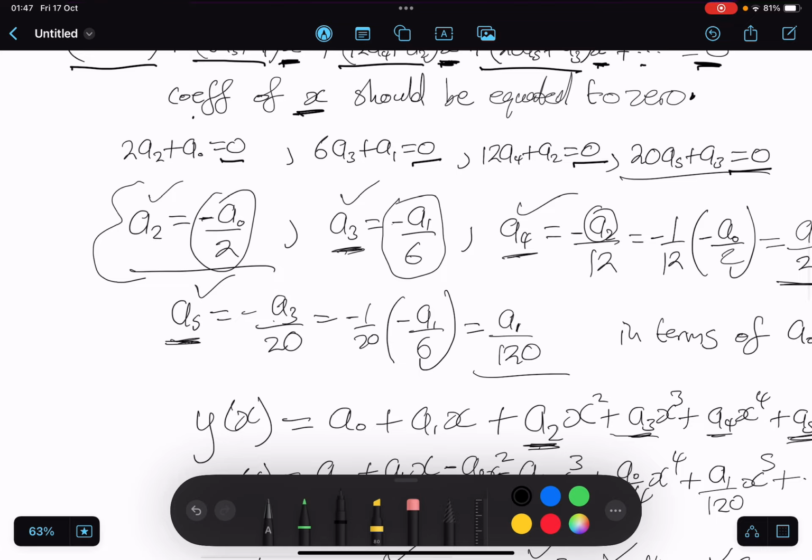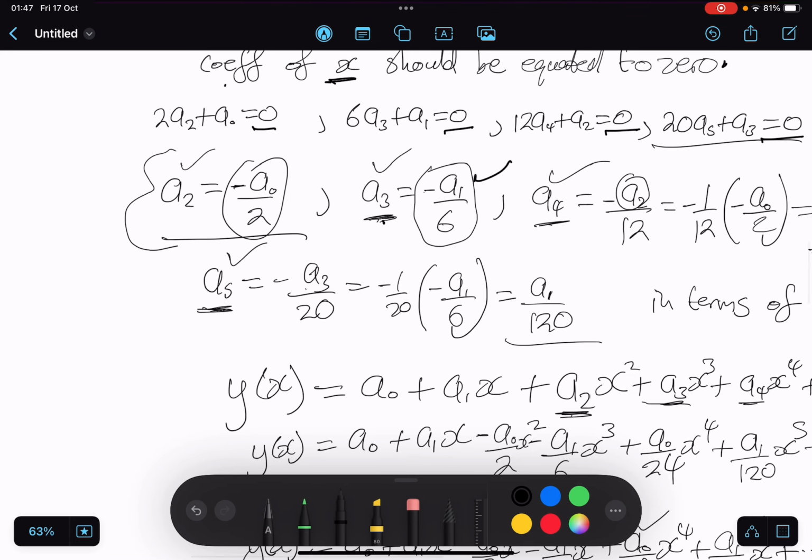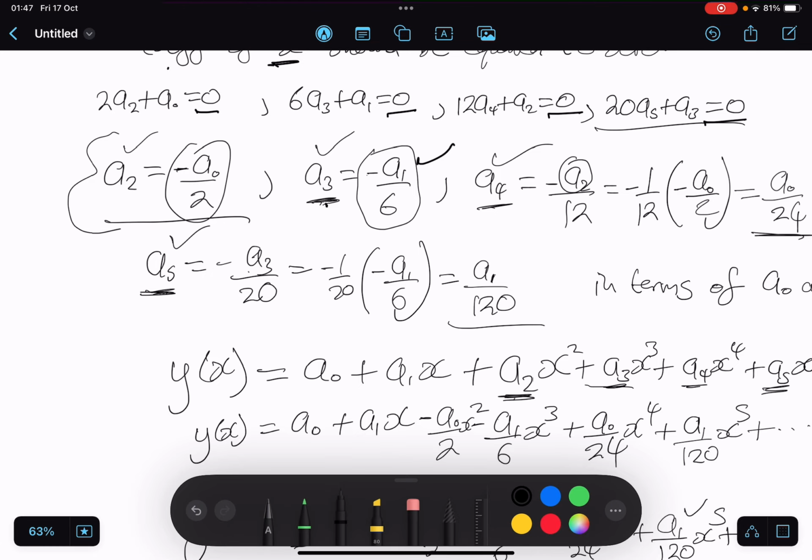So if you have formulated these equations, you make a2 the subject of the formula, a3 the subject of the formula, a4 the subject of the formula and a5 the subject of the formula, but then you have to solve them such that from a2 to a5 you represent those coefficients with respect to a0 and a1.